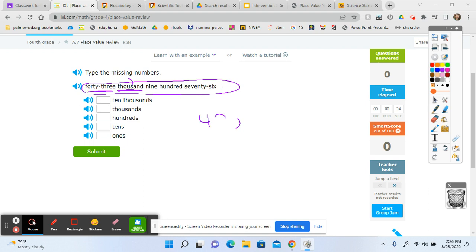So there's going to be 43, comma, that's my comma here, and then behind it, 976. Now, how many 10,000s are there? Well, there should put a 4 here. There should be a 3 here. There are 9 hundreds, 7 tens, and 6 ones. And then when you hit submit, that will work out for you, okay?